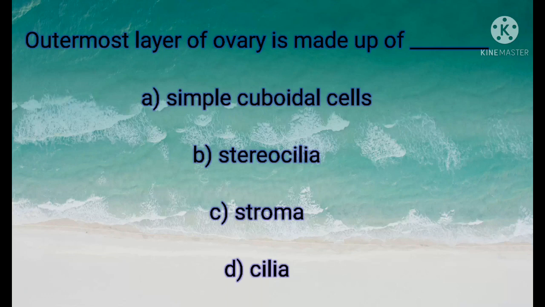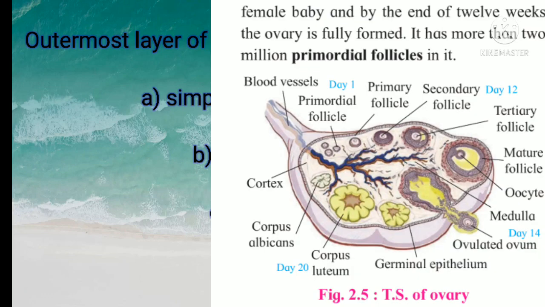This stroma has different cells, showing the presence of nerve cells, blood vessels, spindle shaped cells, and also muscles. And here you can see this diagram, which shows the outermost layer of the ovary. This outermost layer is made of simple cuboidal cells.